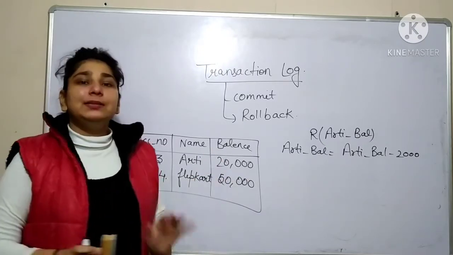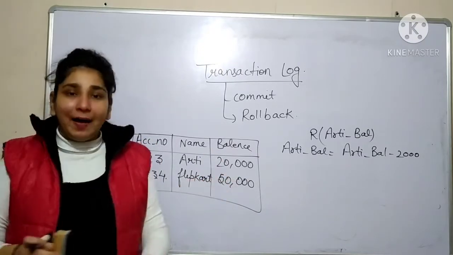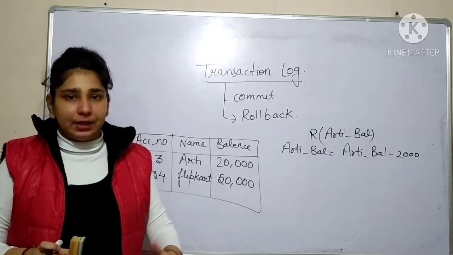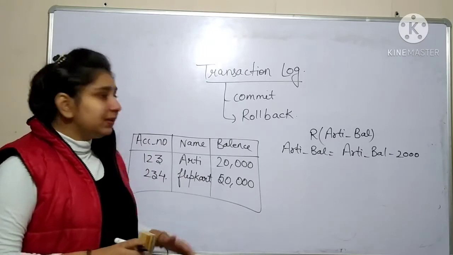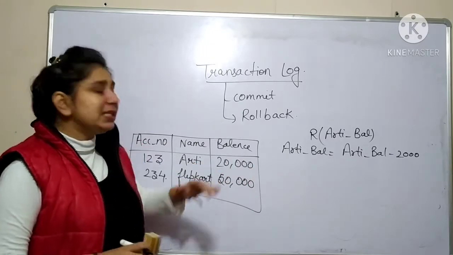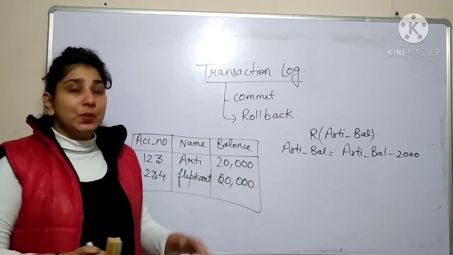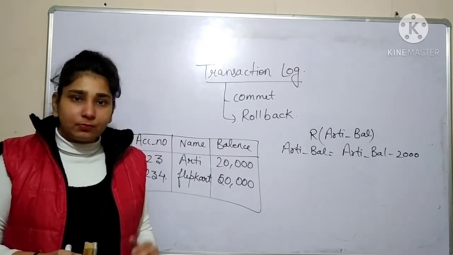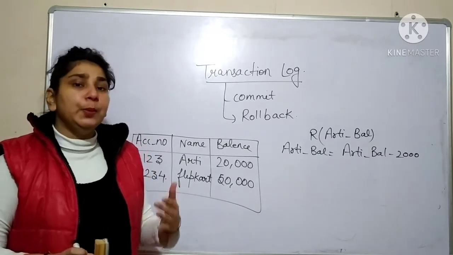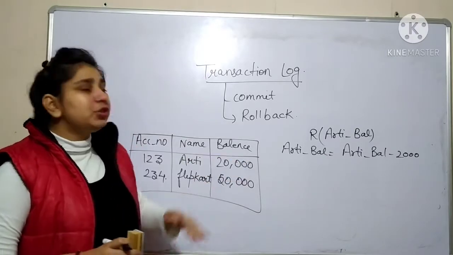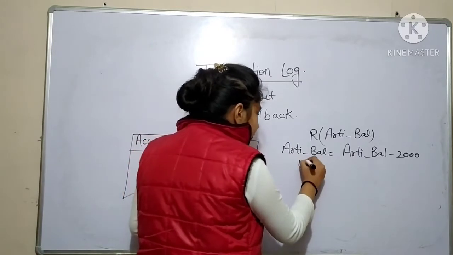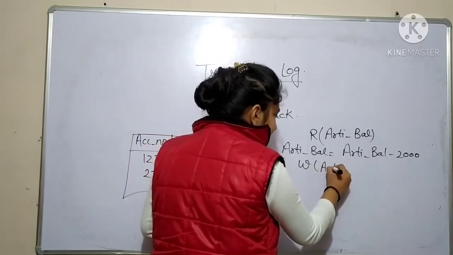Still, in the database, on the hard disk, we have an entry of 20,000. We have not updated this value from 20,000 to 18,000. So now I want to update this change in the database, so I am going to do a write operation.